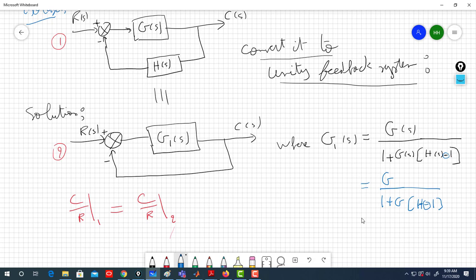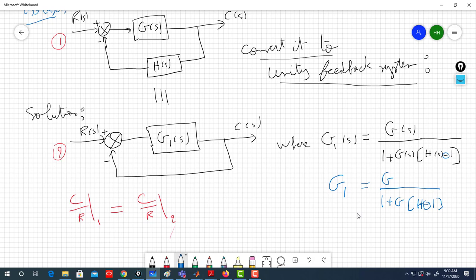But here I'm not finding C over R. This is G1. I'm saying your G1 is equal to G over 1 plus GH minus 1. This is G1, not the closed loop. The closed loop transfer function you need to find yourself. So you find the closed loop transfer function for system 1 and for system 2 and check that they are equivalent.